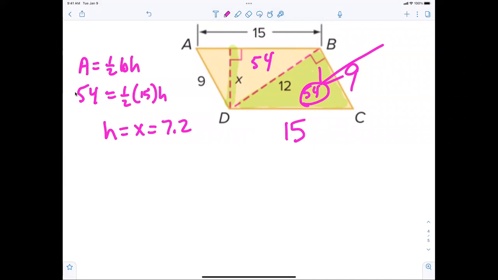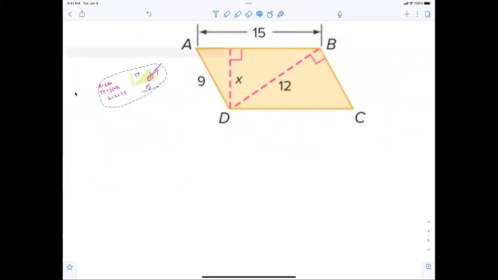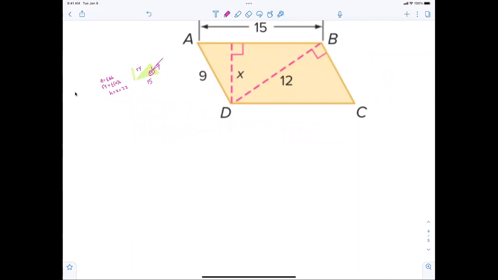Okay, now that's one cool way of doing it. There's another cool way of doing it, which I've seen on the SAT a couple times. So this is why I kind of want to show you this also. What's the formula for area of a parallelogram again? Area equals base times height.